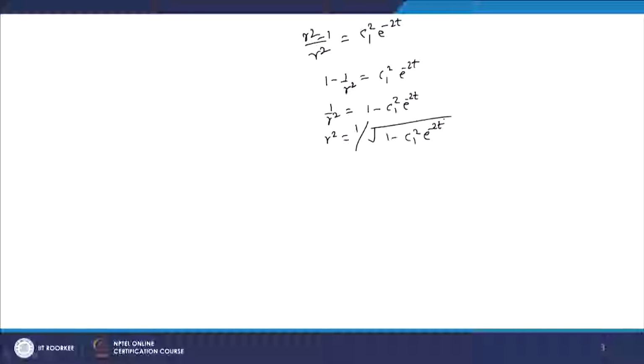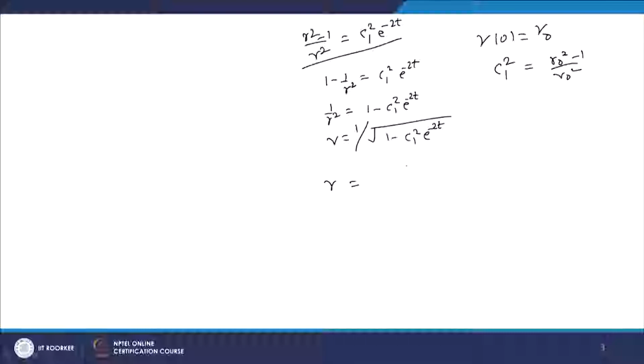So if I assume that r of 0 equal to say r naught, then we can find out the value of c1 here itself. So here your c1 square is basically r naught square minus 1 upon r naught square. So that is this value. So here if you put the value, this is r.